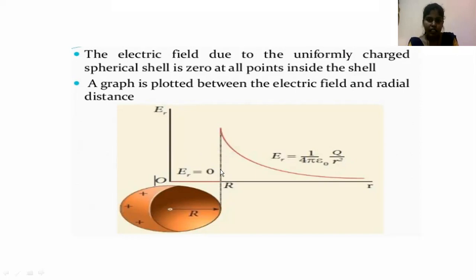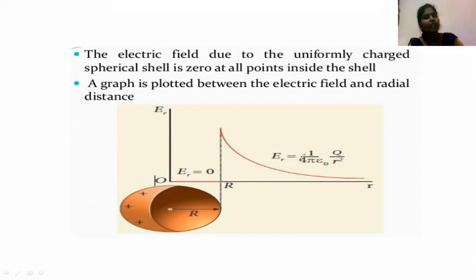So you see a straight line here. Now the third case, where capital R is the radius of the actual sphere and small r is the Gaussian surface radius, at points outside the sphere. For the outside points we have E equal to 1 by 4 pi epsilon naught Q by small r square.